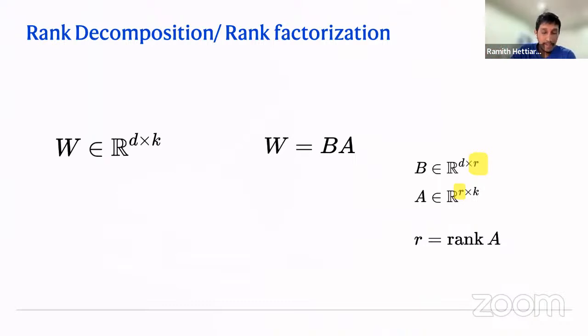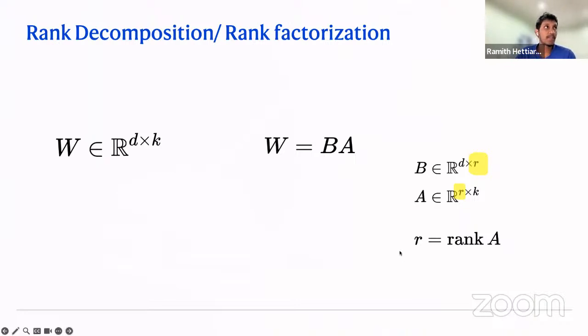Through rank decomposition, if we have this D by K dimensional matrix, let's say, so this A should actually be W. If R is the rank of this W matrix, we can decompose this into the matrix multiplication B times A, where there's a dimension R, which is equal to the rank of this matrix.